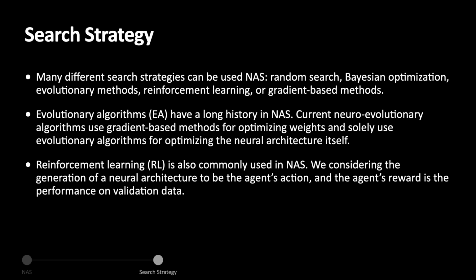Reinforcement learning (RL) is also commonly used in NAS. One way to frame NAS as an RL problem is to consider the generation of a neural architecture to be the agent's action, with the action space identical to the search space. The agent's reward is based on an estimate of the performance of the trained architecture on validation data.